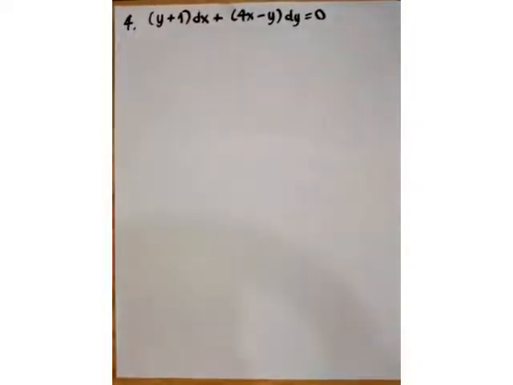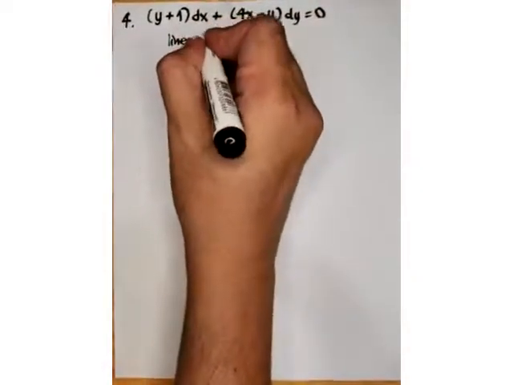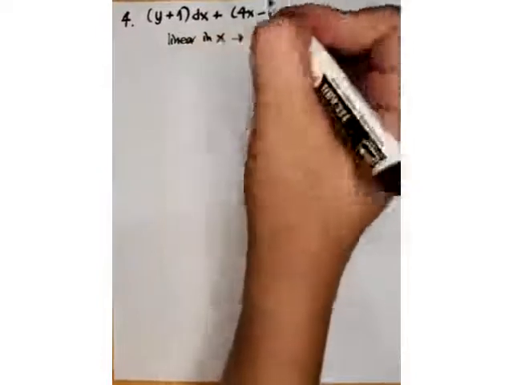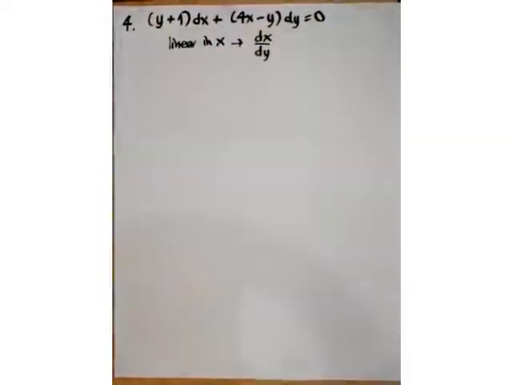So class, be very, very careful with that. Huwag niyong ipipilit yung dy over dx kung hindi naman pwede yung dy over dx. So since it's linear in X, so ang gagawin natin is dx over dy. Okay? Na gets nyo ba?